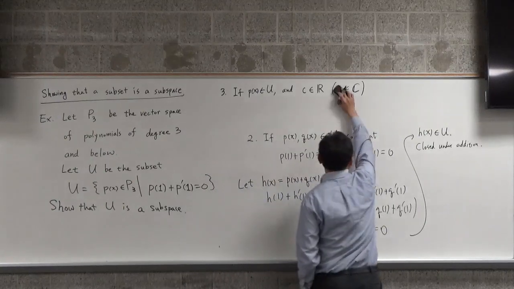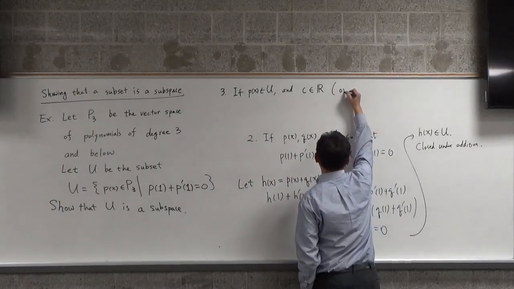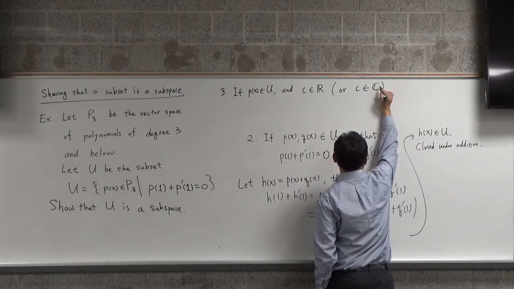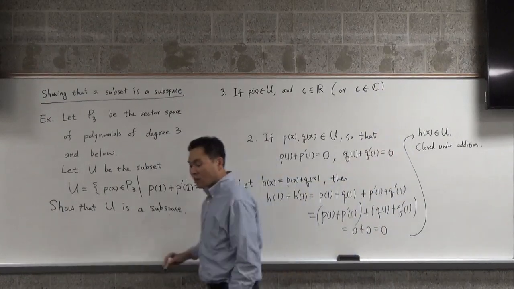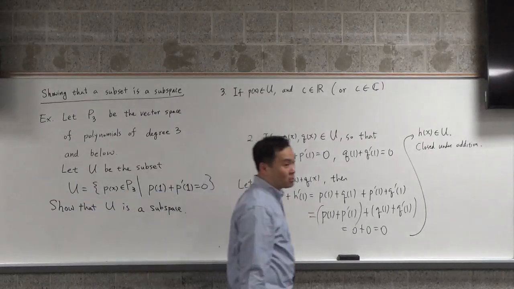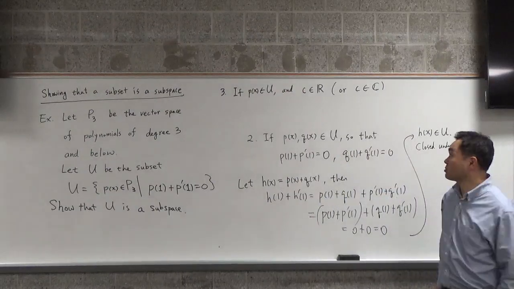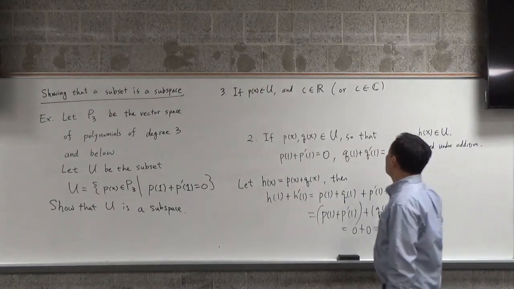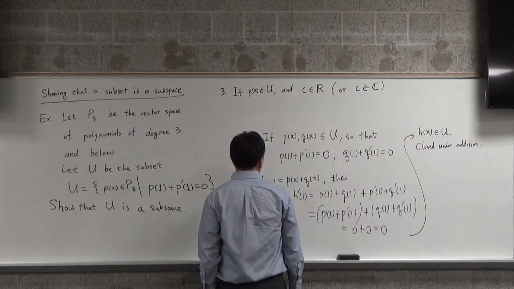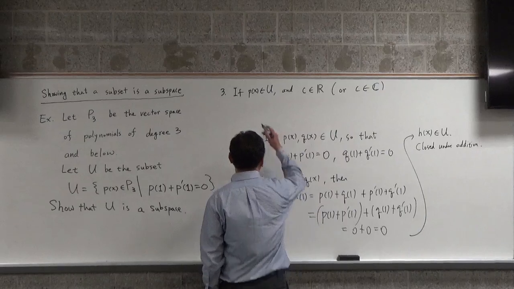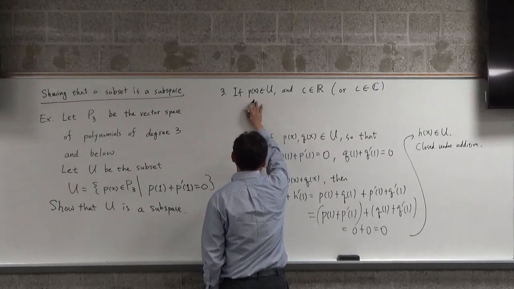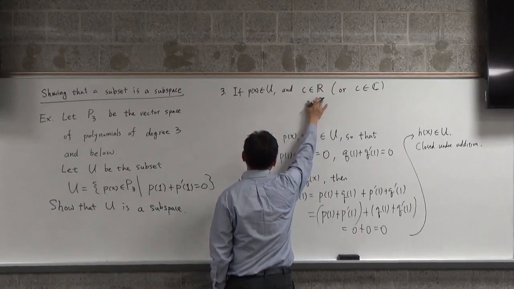So I'm just going to write or c is in C, just to point out the fact that it really doesn't matter if your scalar field for the vector space is a real field or complex field. Okay. So now what we have is, p(x) is in U and c is in R.